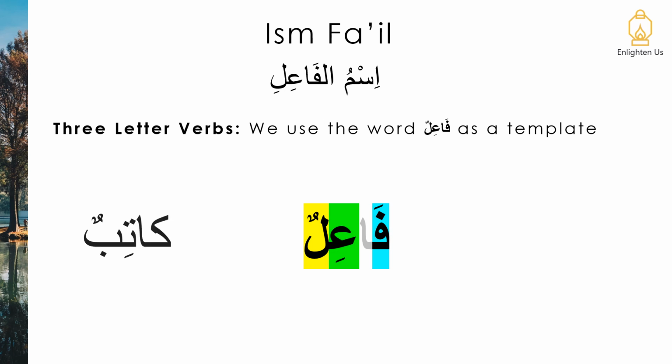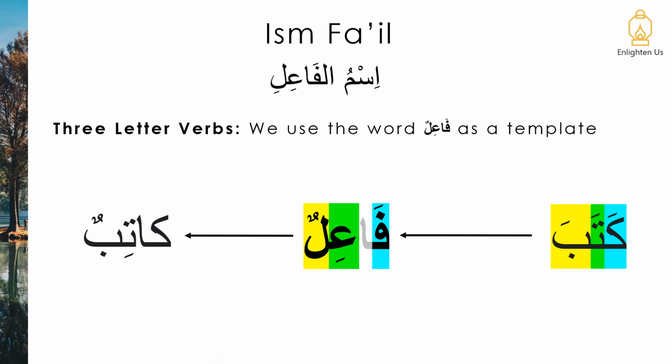So if we take katib, again, let's have a look at the past tense. So the past tense is kataba. So again, we're going to be using fa'il as our template, where the kaf corresponds to the fa, the ta corresponds to the ayn, the ba corresponds to the lam, and the alif is additional. And what does this mean?